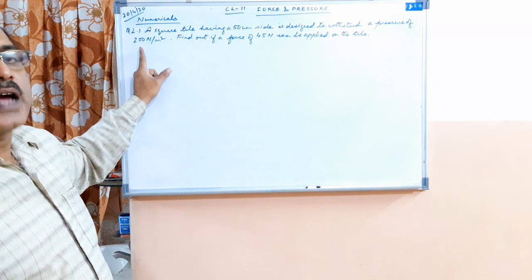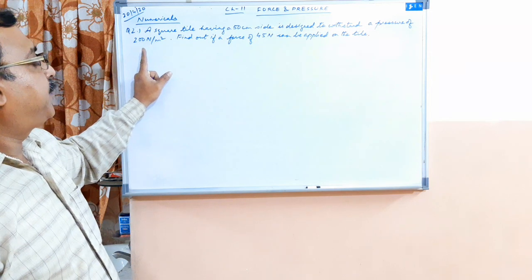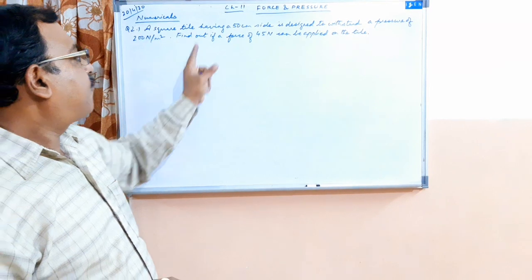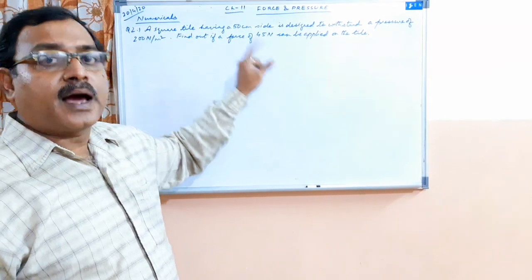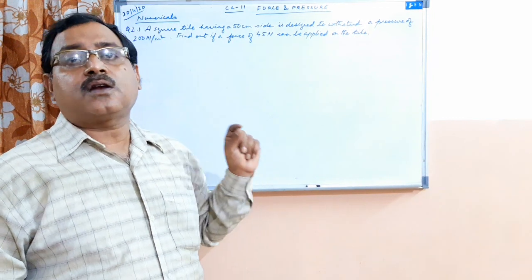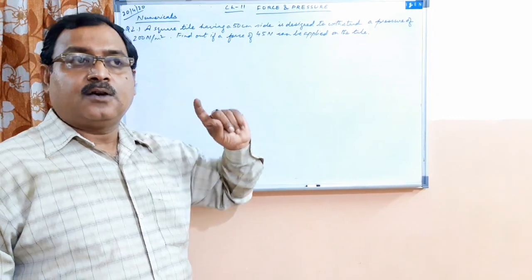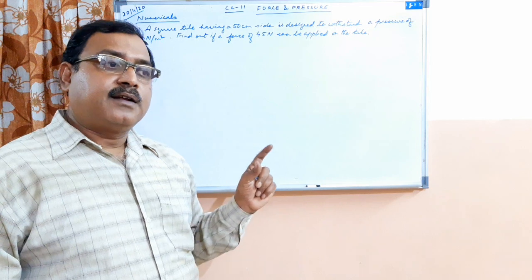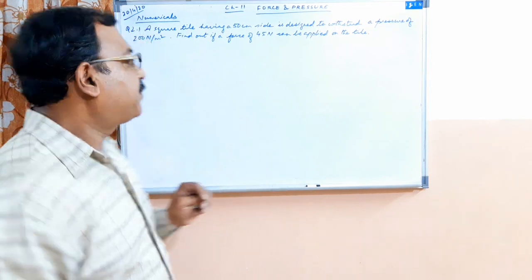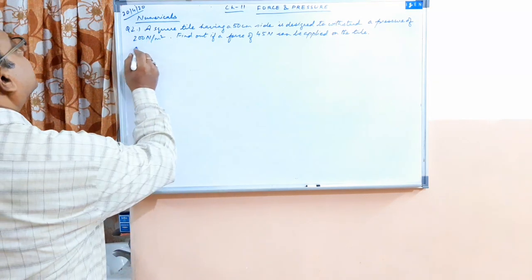Pressure which the tile can withstand is given. And the question that has been asked is whether a force of 45 Newton when applied to this tile, whether the tile can withstand that force or not. That means you have to find out whether the tile will break or it will not break. Right? So here is the solution.